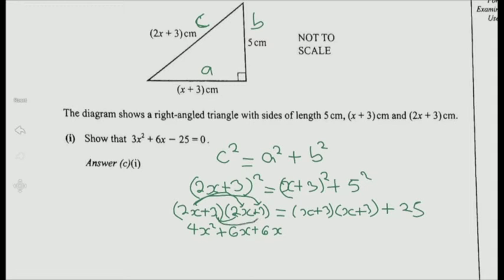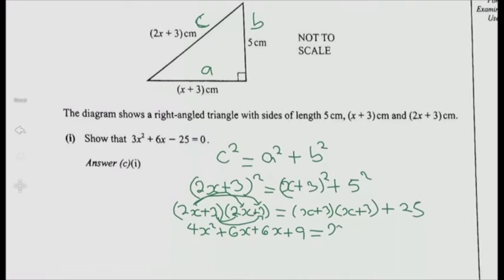Then 3 multiplied by 3 is plus 9, equal to, doing the same thing there, expanding x plus 3 times x plus 3, we get x squared plus 3x plus 3x plus 3 times 3 is 9, plus that 25.